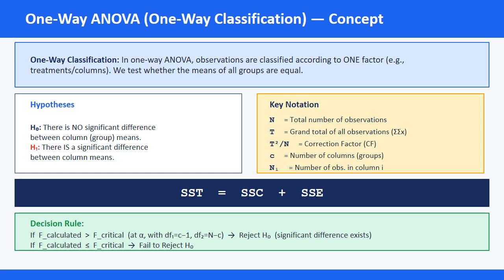And we use the relationship SST is equal to SSC plus SSE. Finally, we make decisions using the F test. If the calculated F value is greater than the table value, we reject the null hypothesis, and similarly if the calculated F value is lesser than the table value, we accept the null hypothesis.